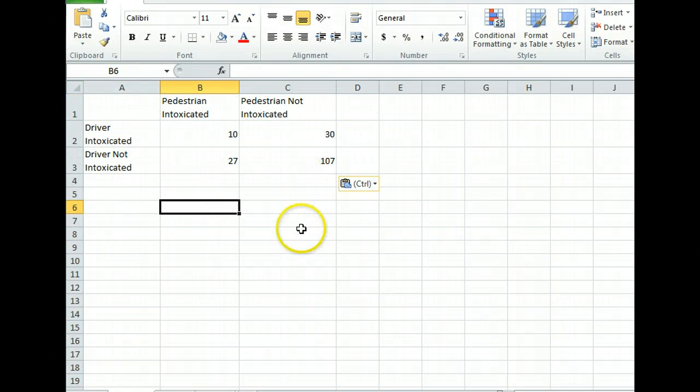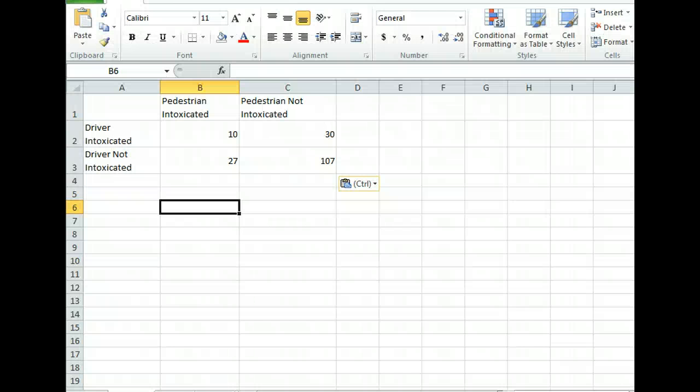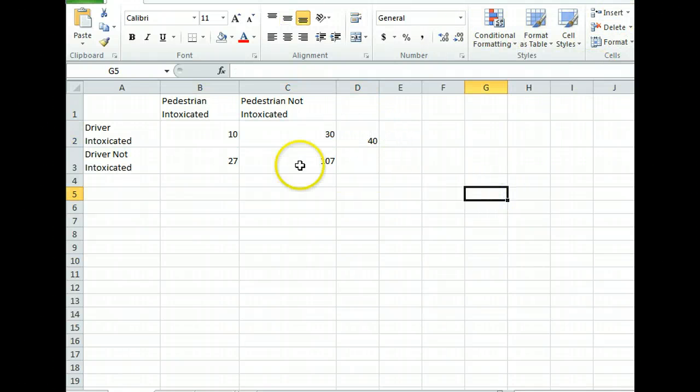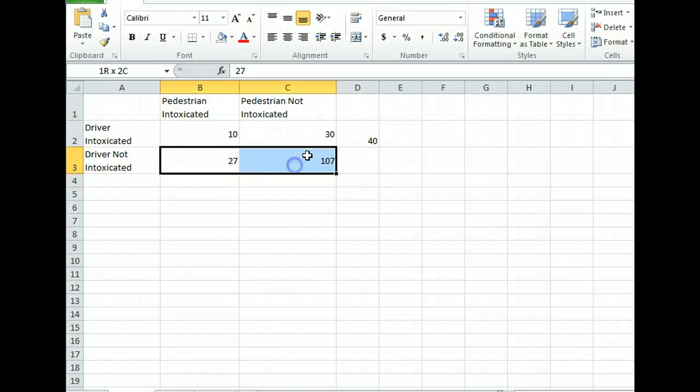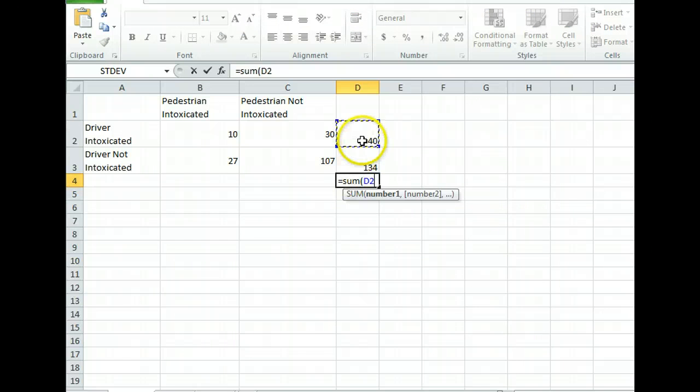Alright, and now back to this problem, I'm looking for the probability that they're both, the first and the second, involved intoxicated drivers. So again, I could look at Excel. These are the drivers intoxicated, add those together using the sum button. I got 40 and then just started the process. Alright, that's 40, that sums to 134. Down here I type equals sum, and then just click those two values separated by a comma.